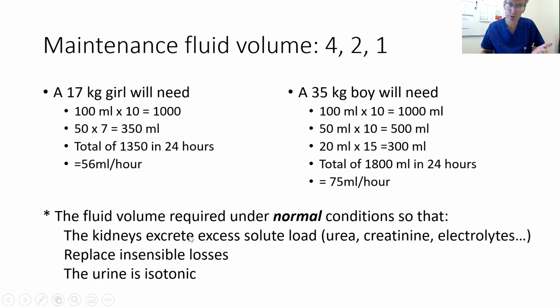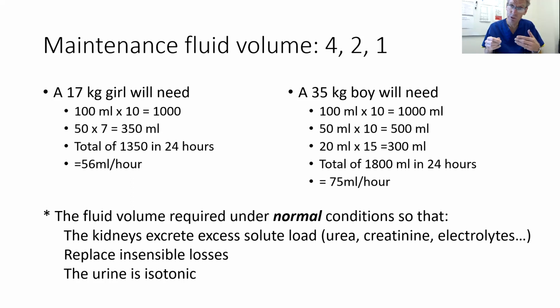And that enables them to excrete all the solutes they produce, all the urea and the creatinine that their body produces through metabolism, and the electrolytes they need to excrete. It allows them to produce that excess solutes in a not too concentrated and not too dilute urine.